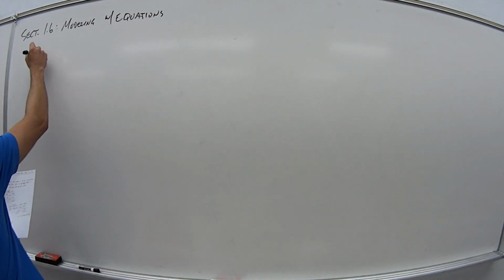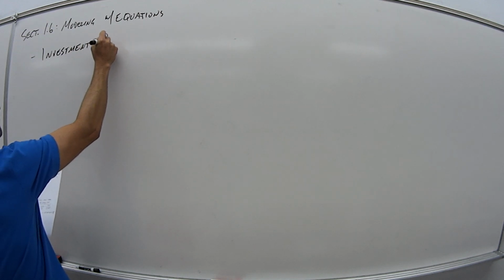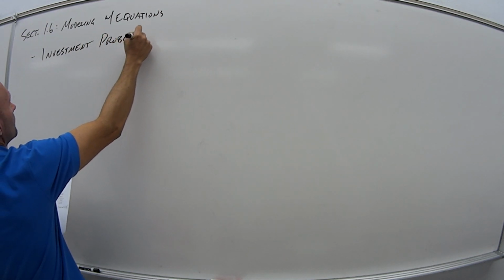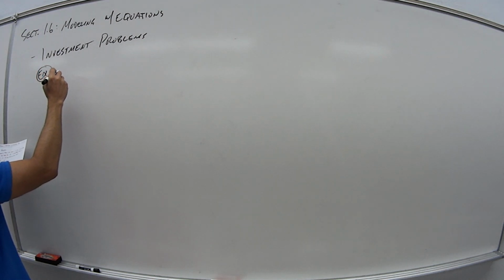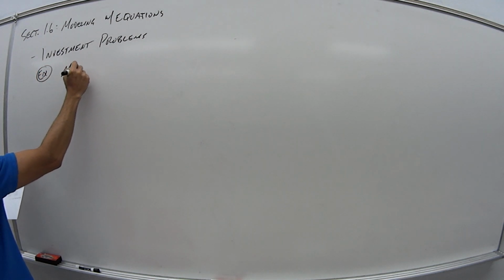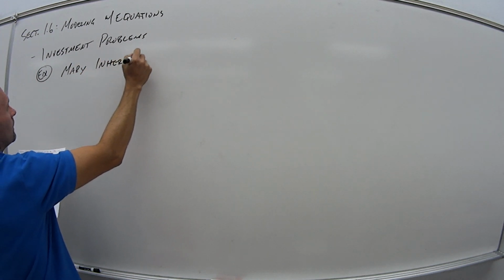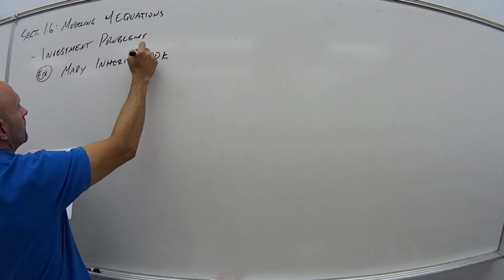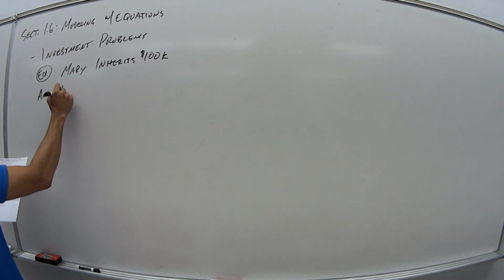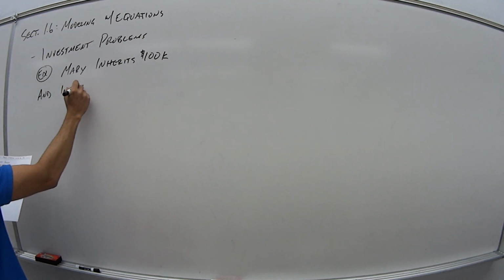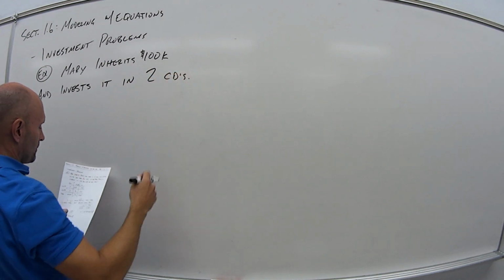So let's first look at investment problems. So we have the following example. Mary inherits $100,000 and invests it in 2 CDs, certificates of deposit, at her bank.